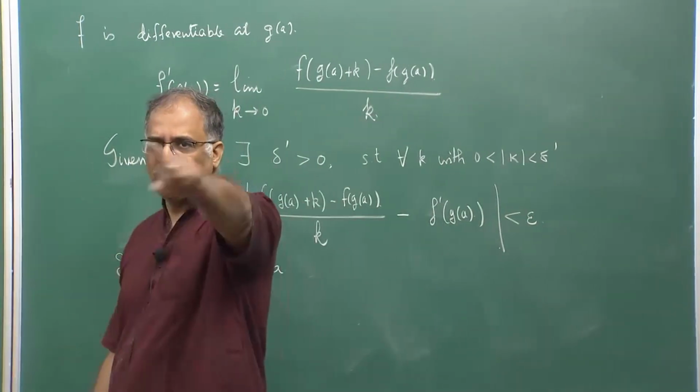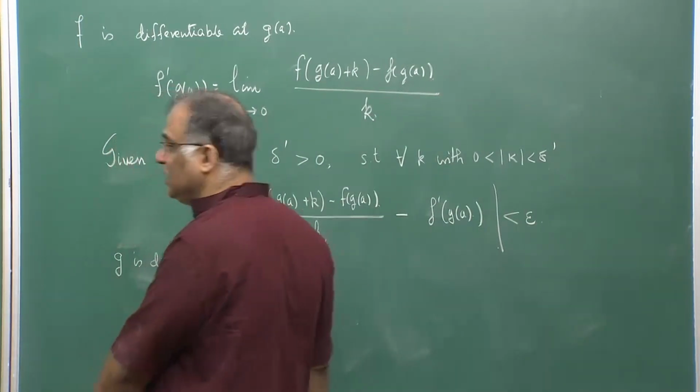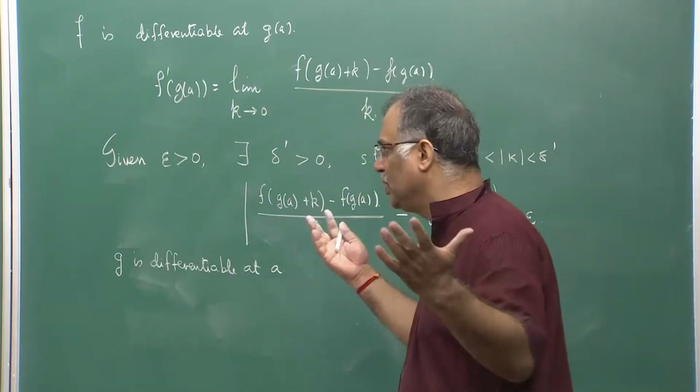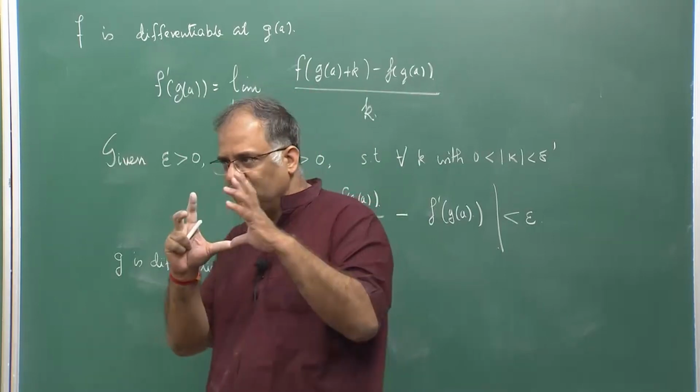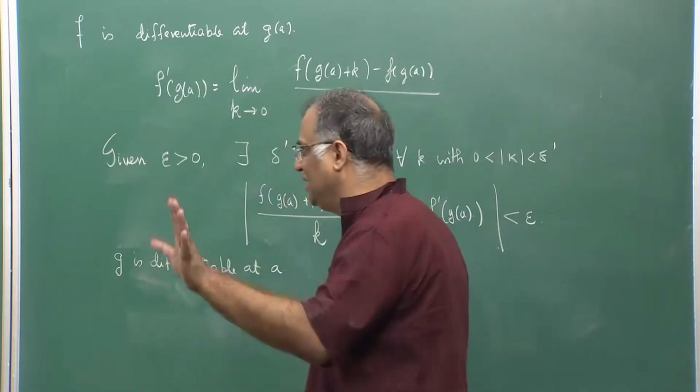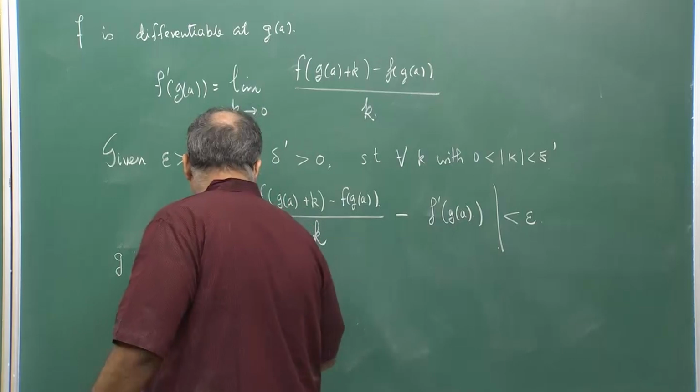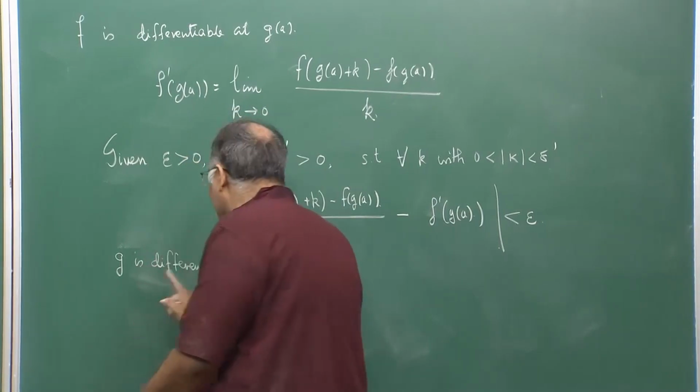I told all of you to try this at home. Those who are watching this video should try that at home, because without trying you will not get anywhere, and that is the most important thing. So, g is differentiable at a, this is the crux.